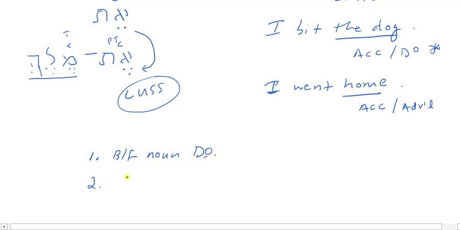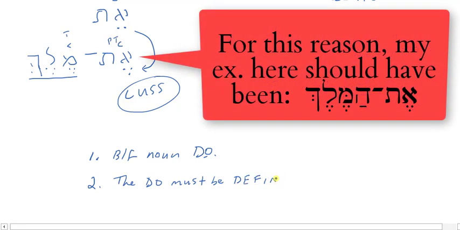But secondly, that direct object must be what? It must be definite. It must be definite. If I have a direct object that is not definite, I do not use the particle et in front of it. All right? So it's only direct objects that are definite.